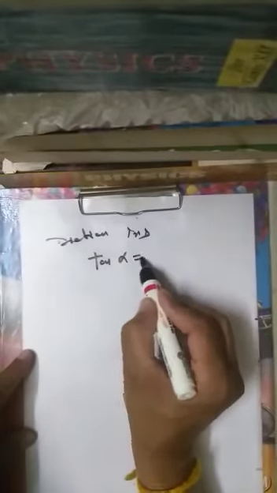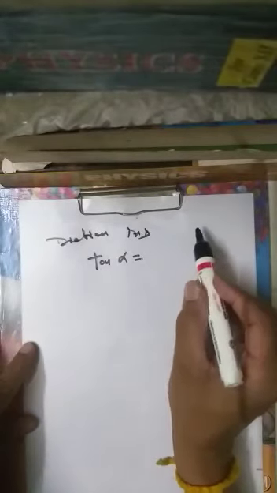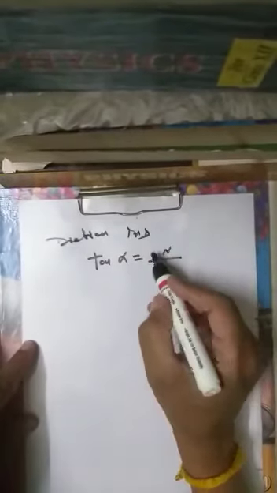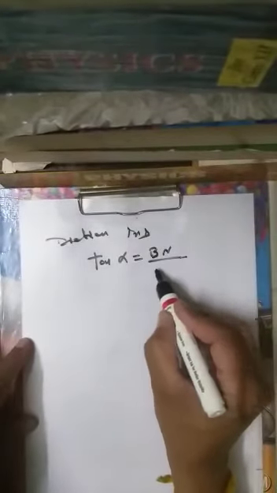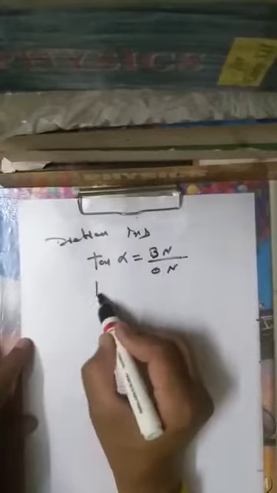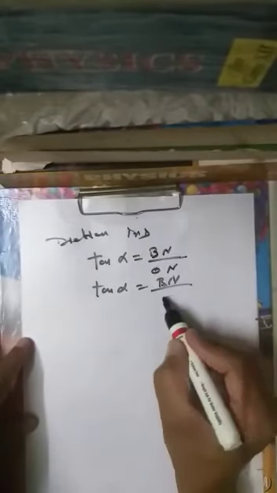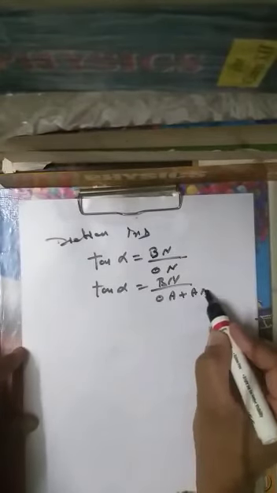Now for direction, in triangle BON, tan alpha is equal to BN upon ON. But ON can be written as OA plus AN.